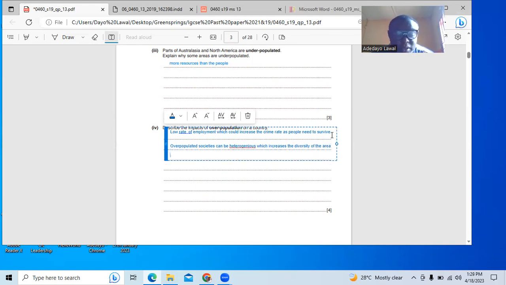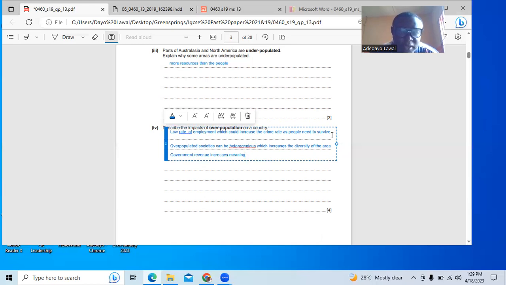Then another thing is that government revenue is often increased. Government revenue increases, and, well, the question said describe. They didn't ask you to explain, but all the same, if you have listed all your points, you'll be fine still, but just try and let your point make sense.